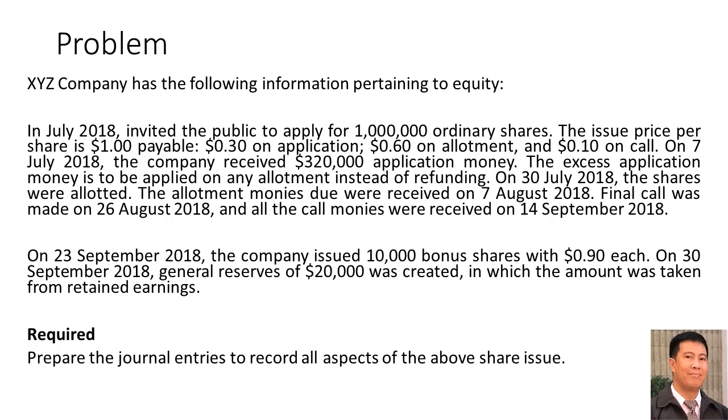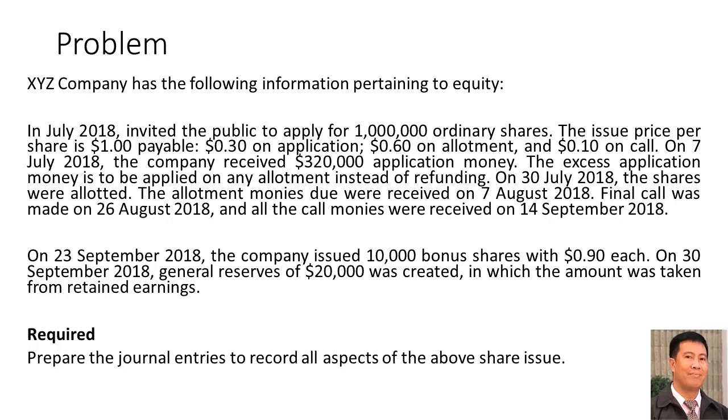And then they decided that any excess on application money will be applied on any allotment in the future. Okay. And then 30th July, the shares were allotted. The allotment monies were received on 7th August, and then the final call was made on 26 August, and call monies were received 14th September.